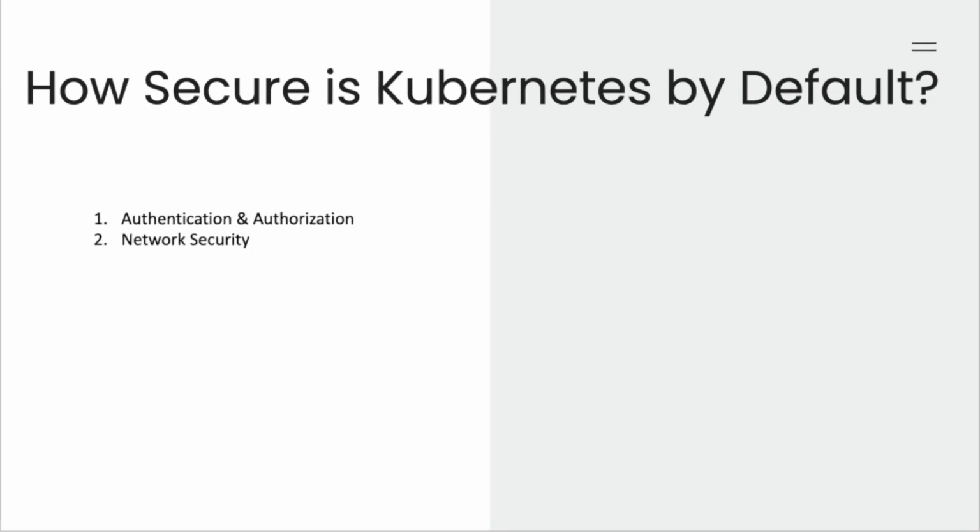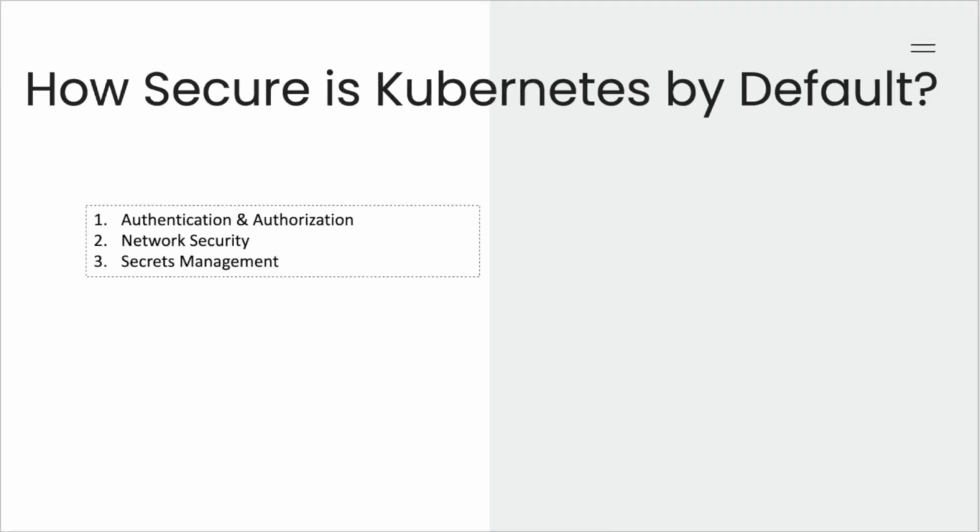Network security: Kubernetes doesn't enforce network security by default, leaving pods open to communicate with each other. So network isolation and namespace isolation are enforcements that you bring with the likes of Calico or other CNIs. That is another part. The default network security posture is not enough.